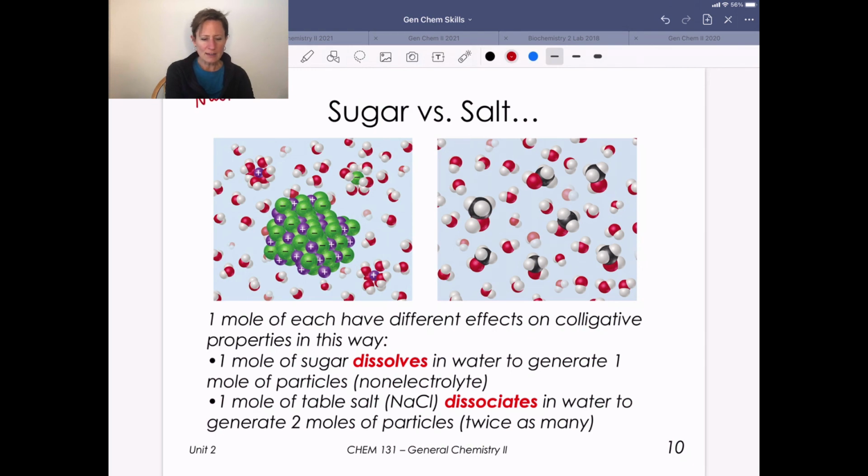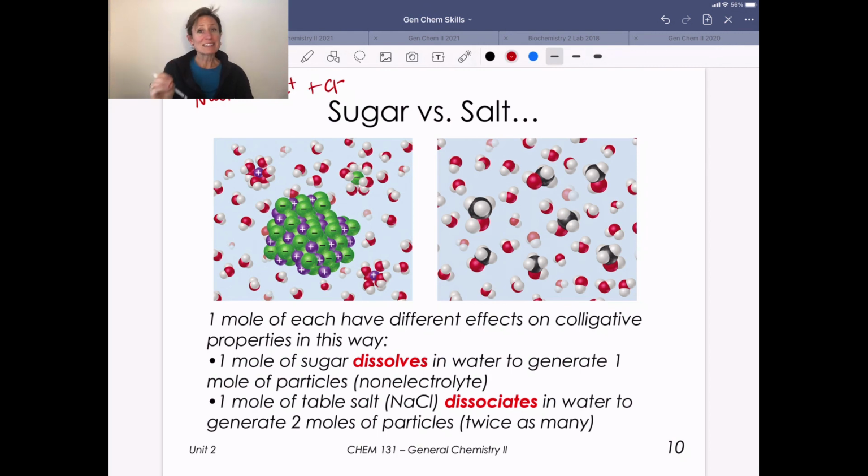Sodium chloride is going to dissociate into sodium cations and chloride anions. When we've got sugar, 1 mole of sugar dissolves into 1 mole of sugar particles. We don't get more particles because we don't break apart sugar. So that's really, really important to understand.